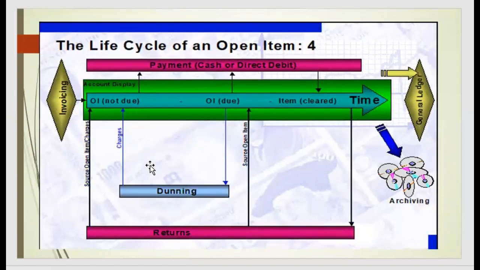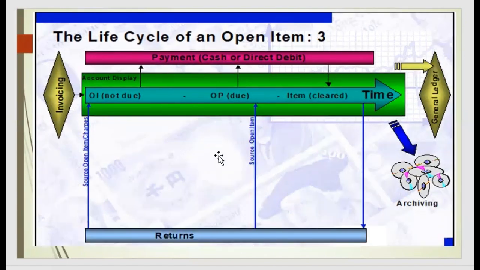Now, let's consider the due date. As I mentioned, the due date is one of the important things. If the due date is already gone and he has not paid, it's red now. In the last example I gave, the amount was more. Here he didn't pay anything for that invoice.